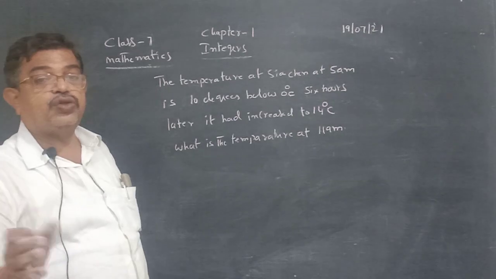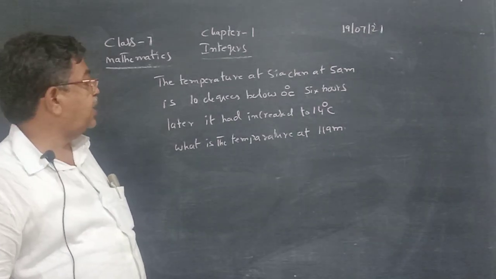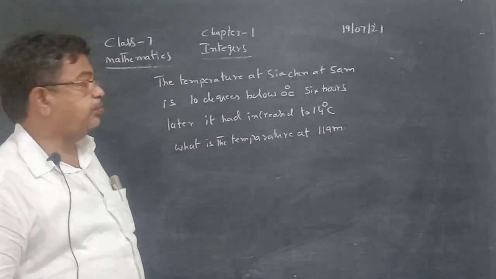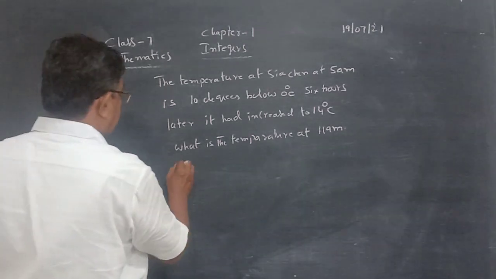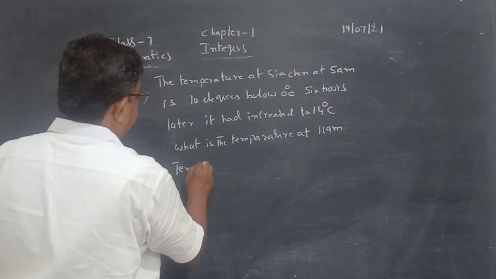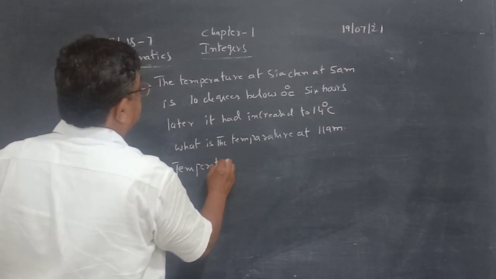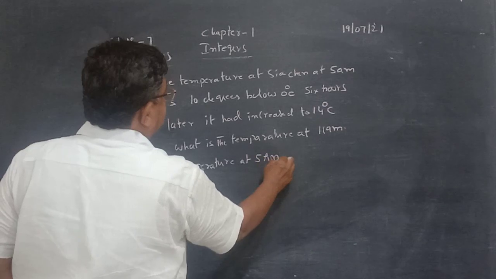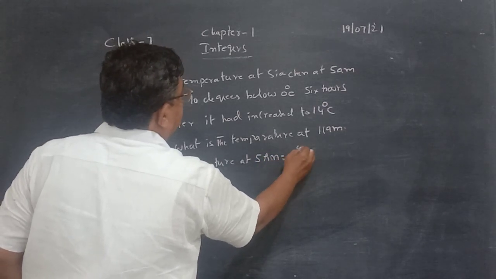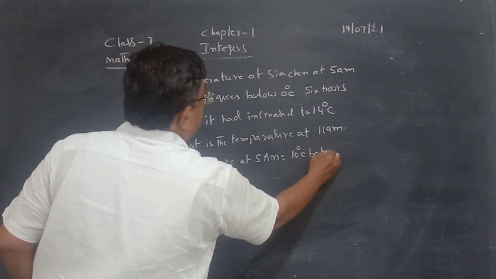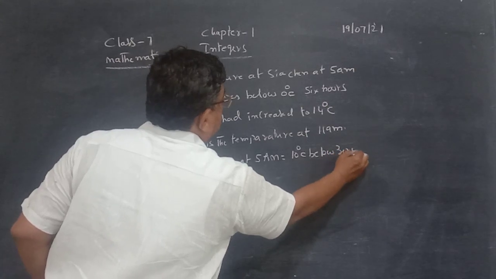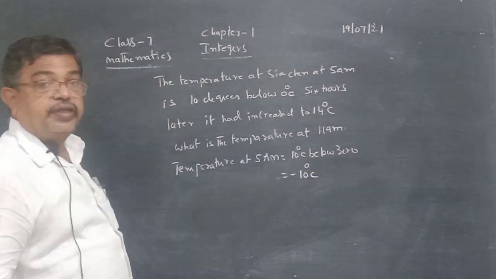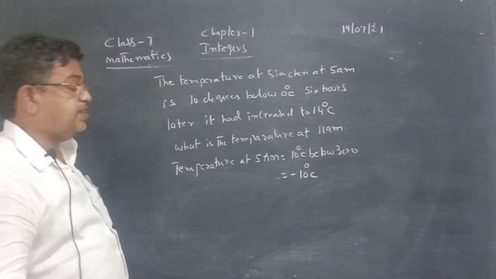You want to add those two and find the temperature at Siachen at 11 a.m. So the temperature at 5 a.m. is equal to 10 degrees centigrade below 0, which is minus 10 degrees centigrade. Therefore, you represent it with minus.